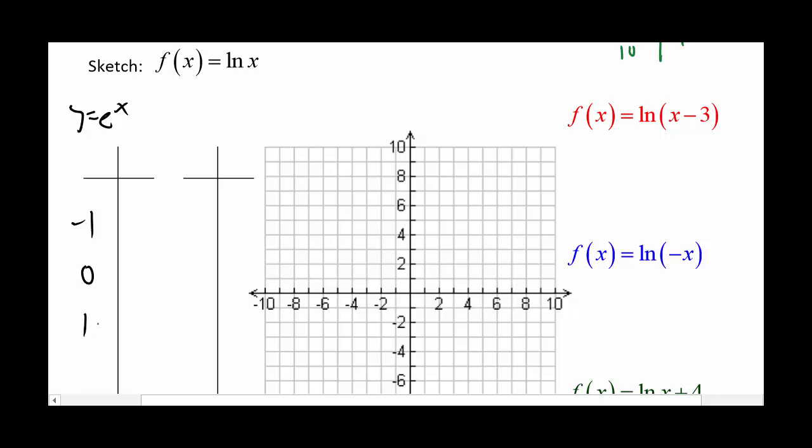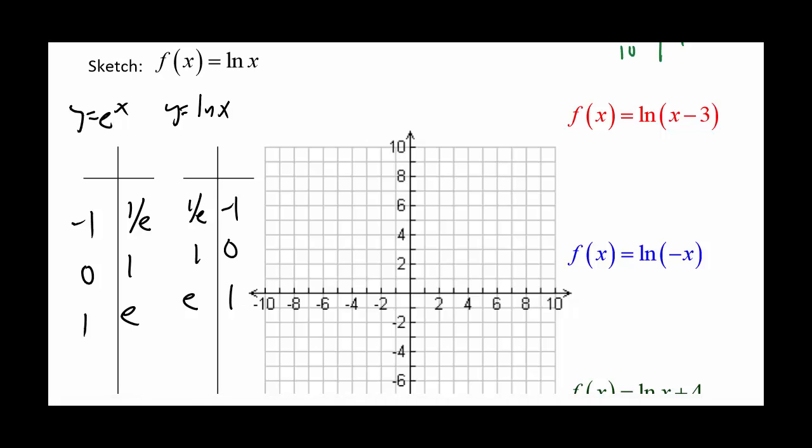So if we fill in our parent points for that, this would be 1 over e, negative 1, 0, 1, and 1, e. And then we just switch the order to generate the ln of x. So that's 1 over e, negative 1, 1, 0, and e, 1.